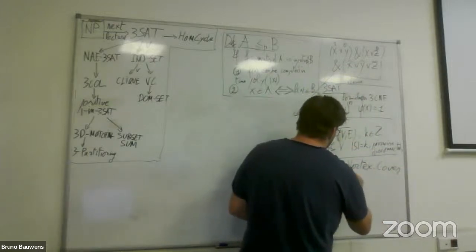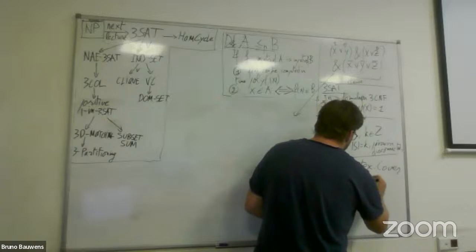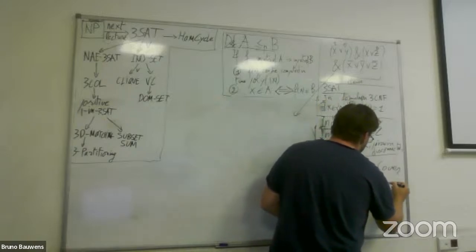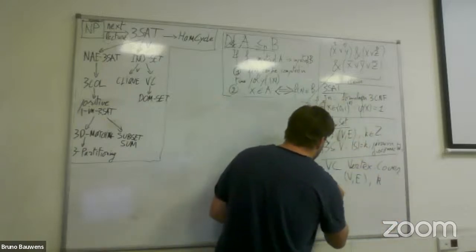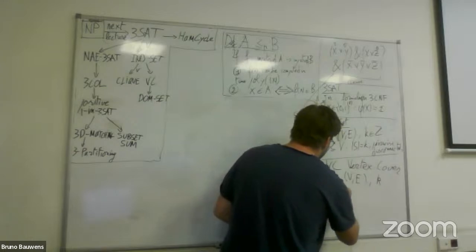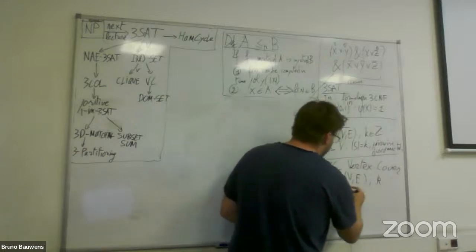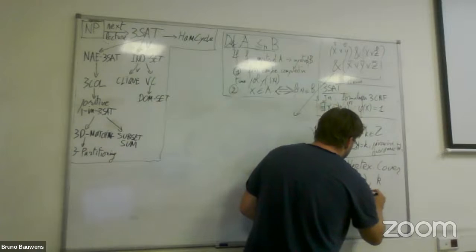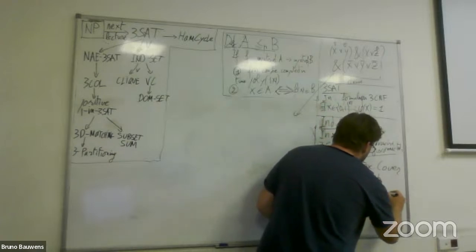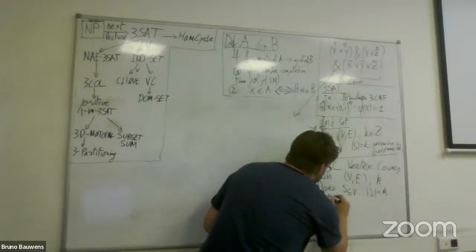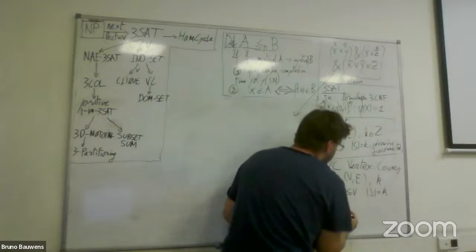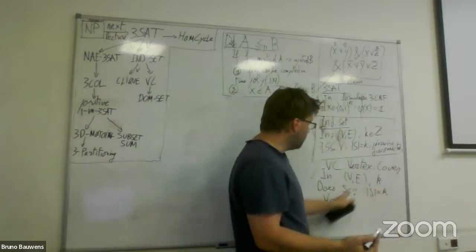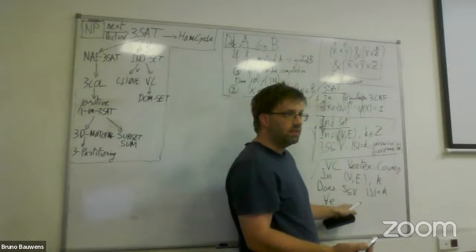The input is again a graph G = (V, E) and a number K. And the question: does there exist a set of nodes S of size K, so that every edge has at least one endpoint in the set S.